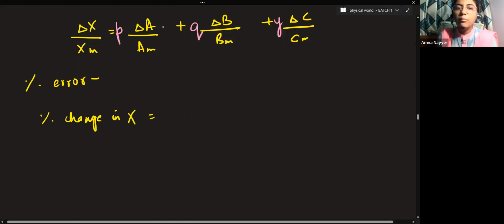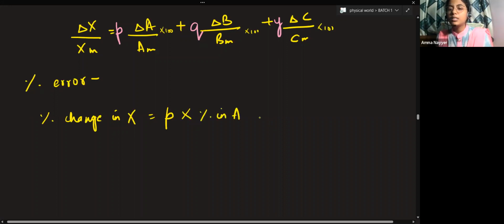If I multiply all these terms by 100, I'll get the percentage error. It means P multiplied by the percentage change in A, plus Q multiplied by the percentage change in B, plus Y multiplied by the percentage change in C.